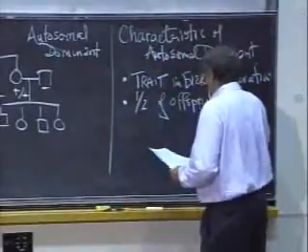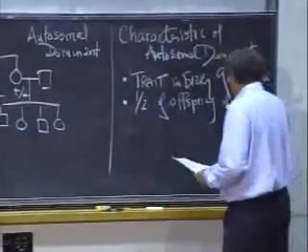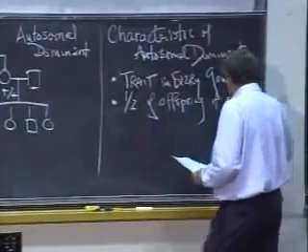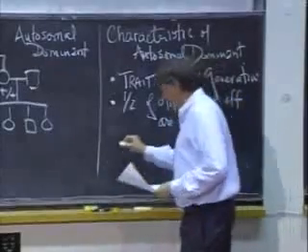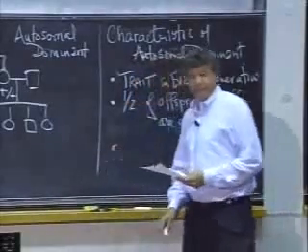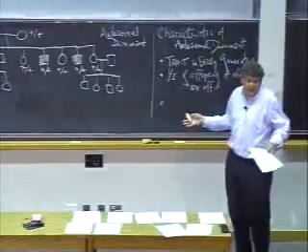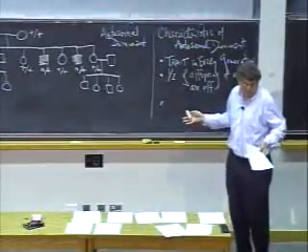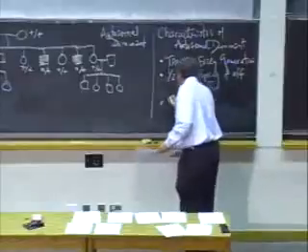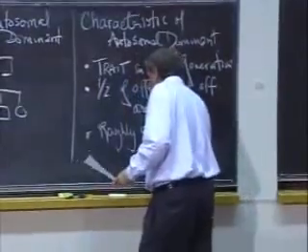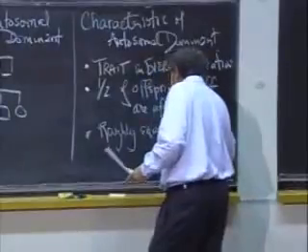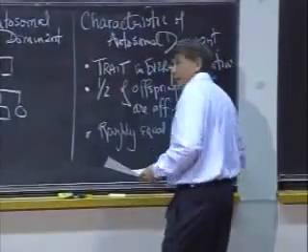Half of the offspring of an affected individual are affected. What else? Males and females, roughly equal in males and females.